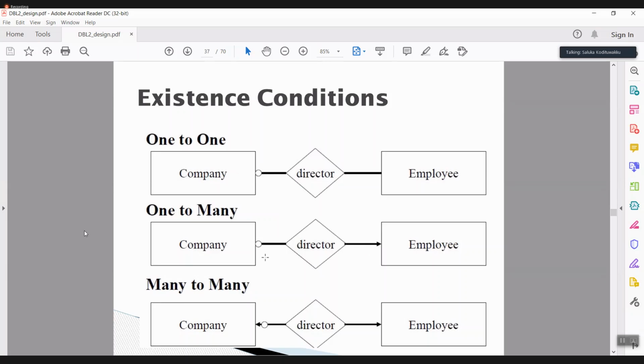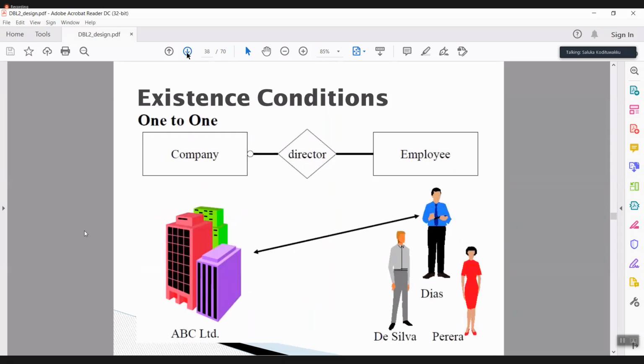In the one-to-many case, once again, it is the same thing; only the cardinality is different. The company should exist to talk about the employees. Without a company, there is no way we can talk about the employees. Here, ABC Limited should be there, then only can we talk about Silva, Das, Pereira or whoever.